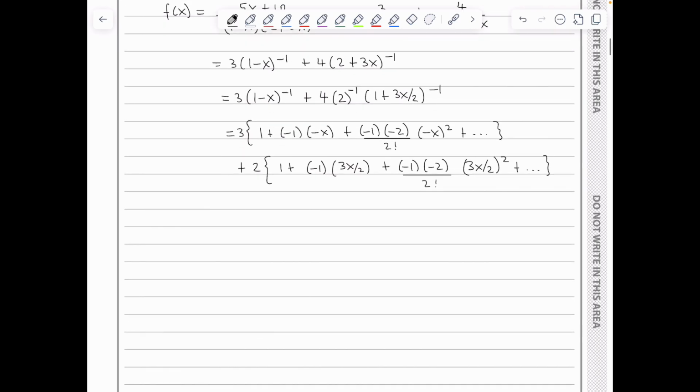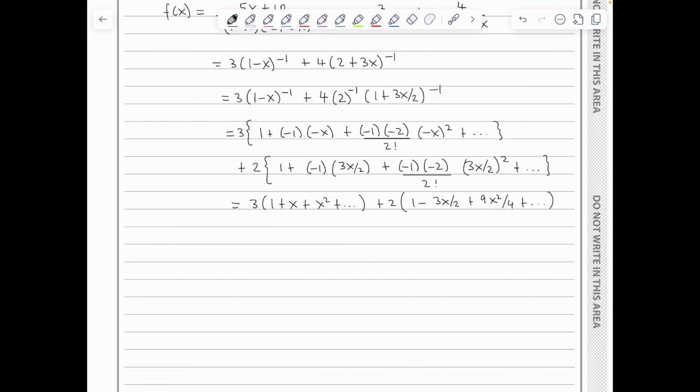I will proceed in simplifying within each set of brackets. So we've got 3 times (1 + x + x squared + dot dot dot) plus 2 times (1 - 3x over 2 + 9x squared over 4 + dot dot dot).